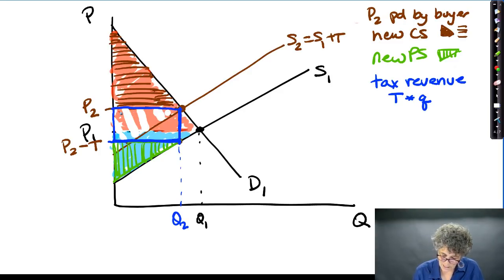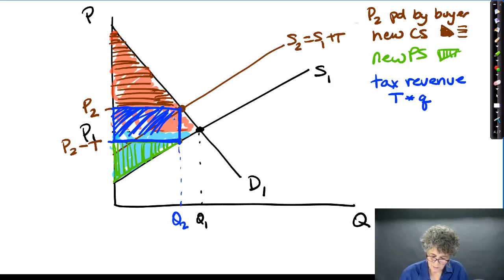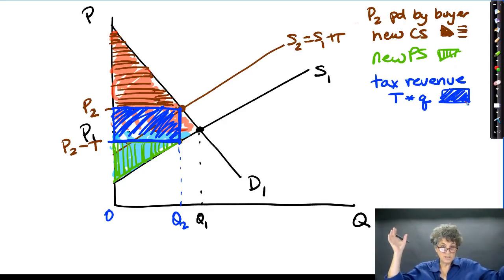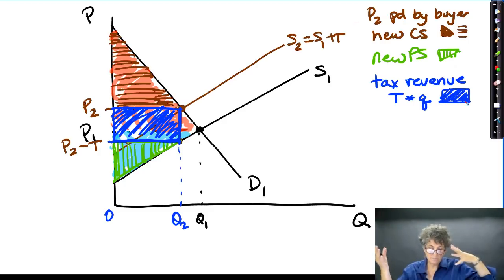And so the area of this rectangle between P2 and P2 minus T, that's the height, and from the origin to the new quantity Q2, that's the base, the area of that rectangle is the tax revenue. And you think of that as the surplus that's shared by the whole society, which includes both the sellers and the buyers. Cool. What's left?